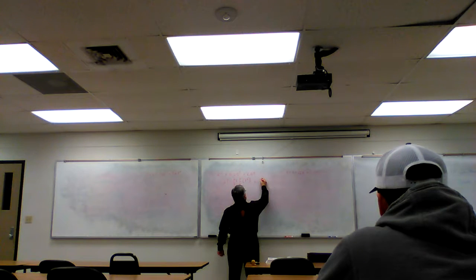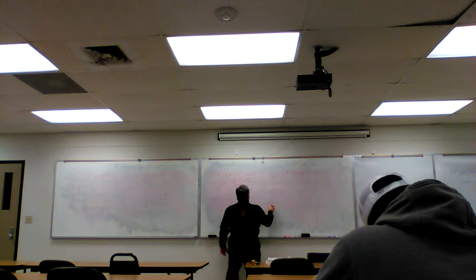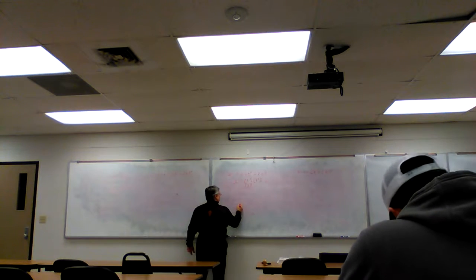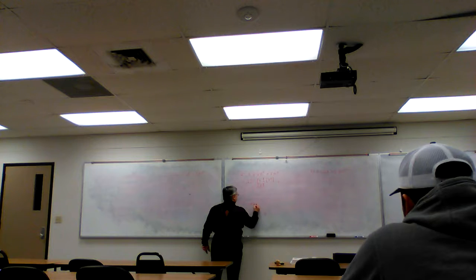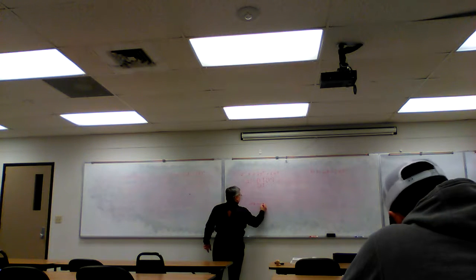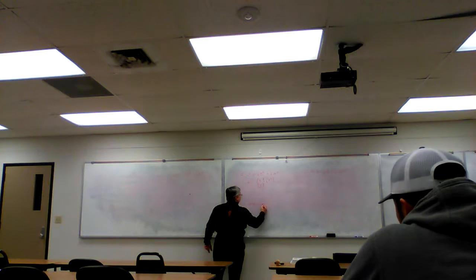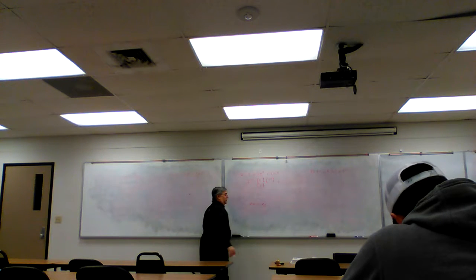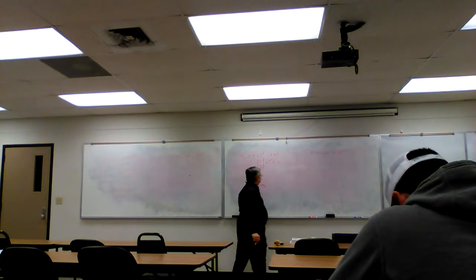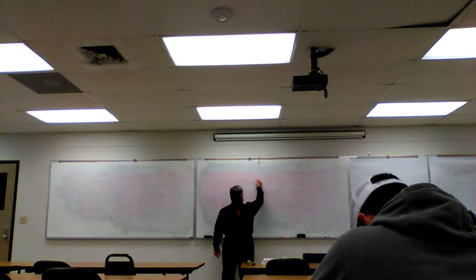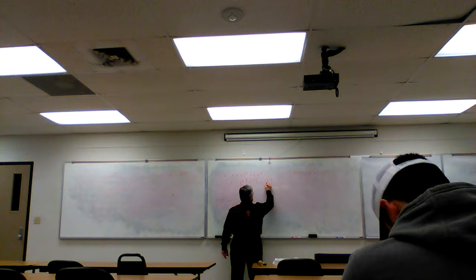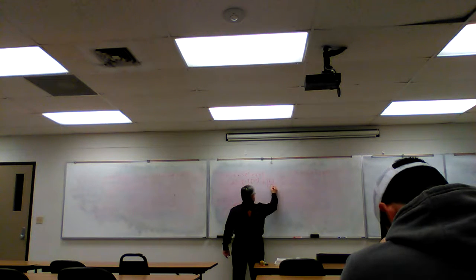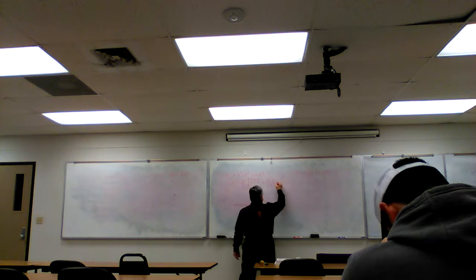What are the dimensions of acceleration? The SI units of acceleration are meters per second squared. So the dimensions of acceleration would be length divided by time squared, and then multiplied by time.